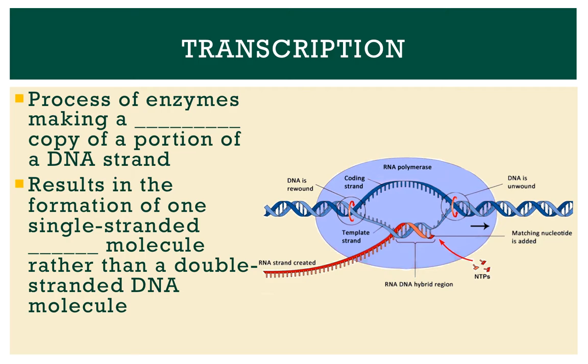And here over on the side we can see our unwound DNA. RNA polymerase unwinds DNA in certain sections, and we make our messenger RNA strand based off the DNA. And of course, it's rewound as it goes along so as not to damage the DNA.